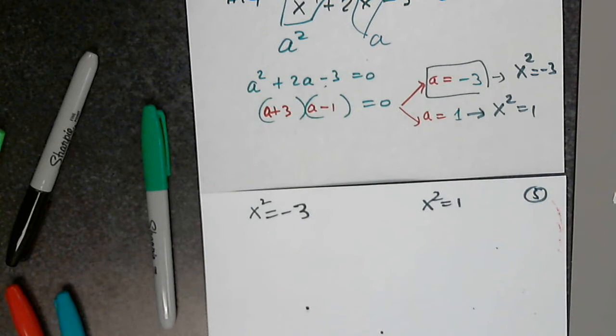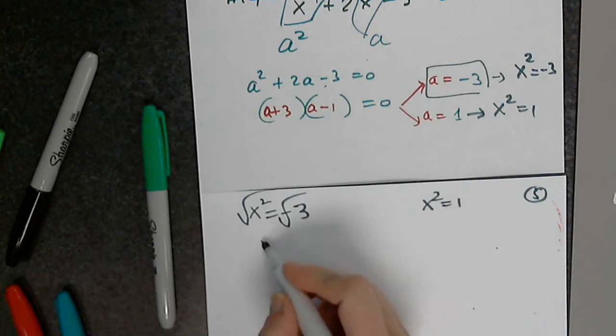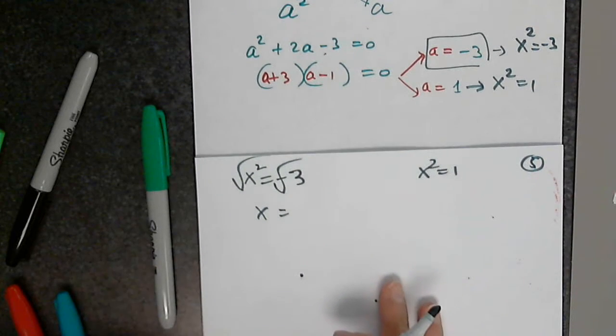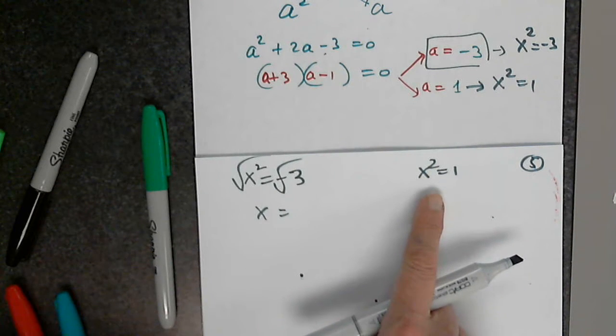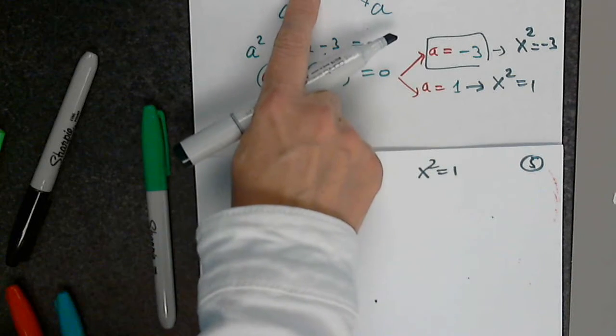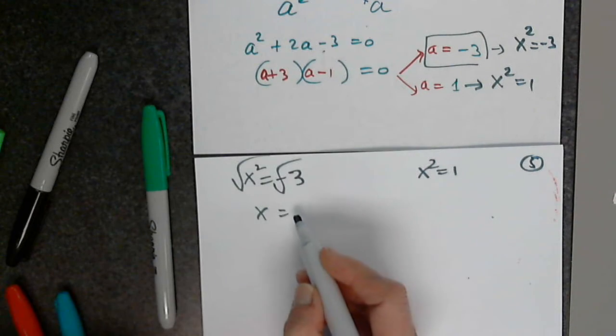And I have one of those 4 methods, boom, right here. Right, exactly. So this is x equals, and I have to remember what to do with the square root of negative 3. And how many solutions will this equation have? Right. And how many this one? For a total of? Exactly.